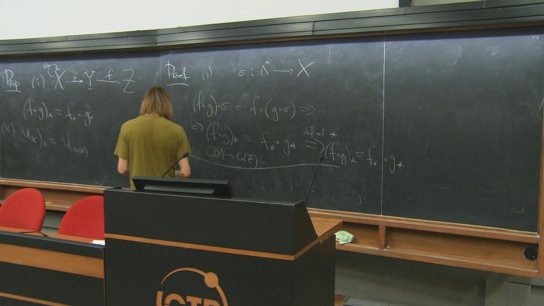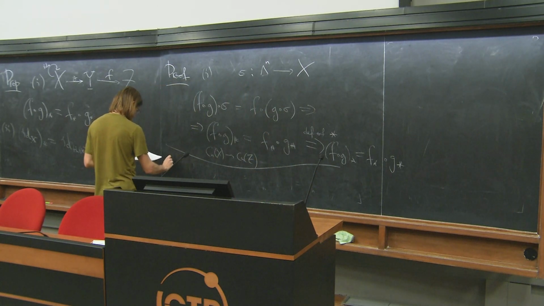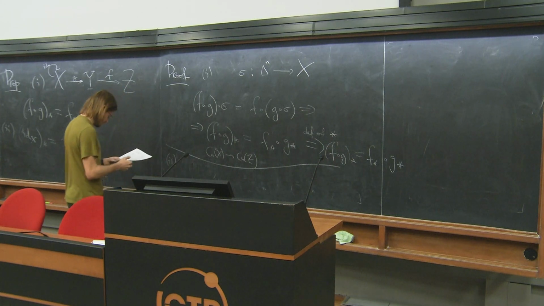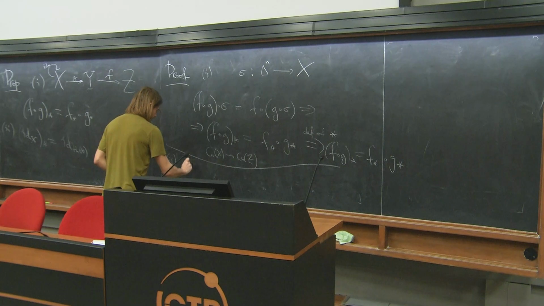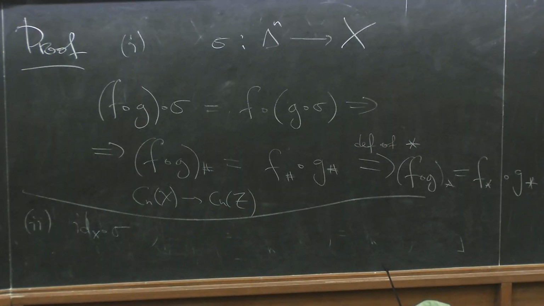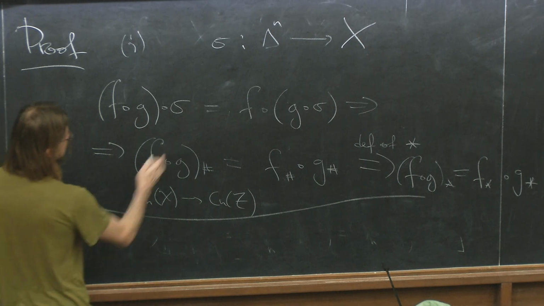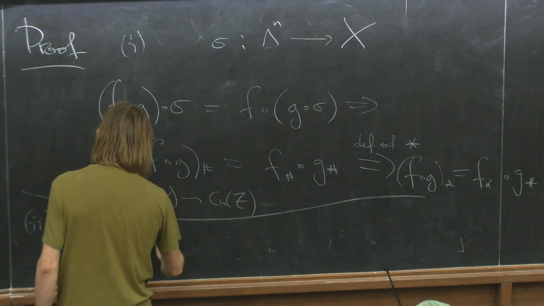And the second property, you first do the same. If you compose the identity map from topological space X to itself with sigma, this is the same as sigma.